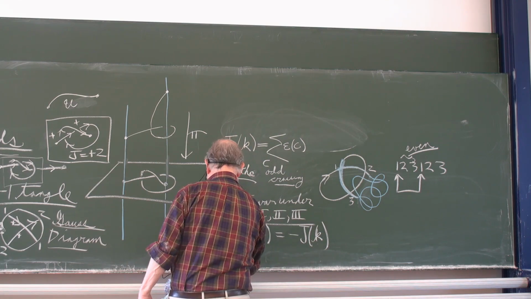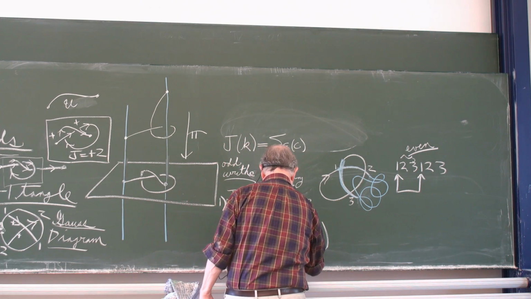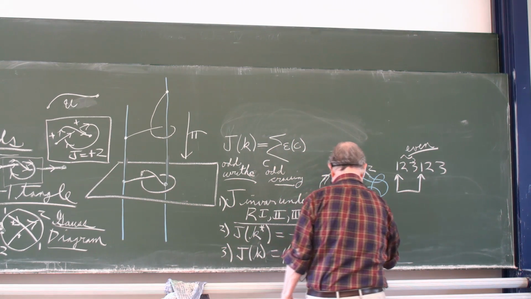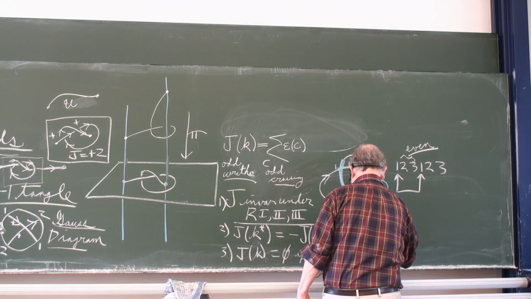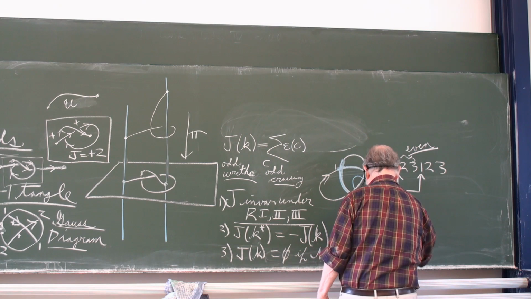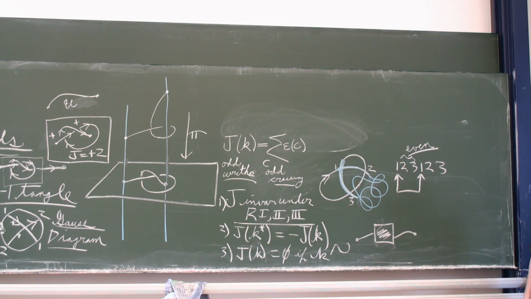And J of a natoid is equal to 0 if K is equivalent to somebody like that, where the endpoints are in the same region.